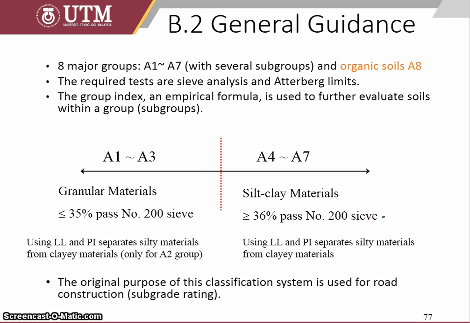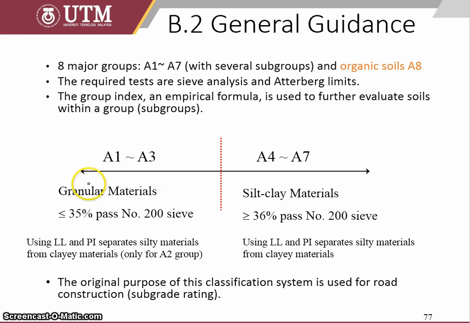Compared to the USCS, in USCS we took 50% as a barrier. If more than 50% passing number 200, it is a clay and silt. But now, if more than 35, which means 36 and above, passing number 200, it is classified as silt and clay materials, and the classes we use to classify them are A4 up to A7.